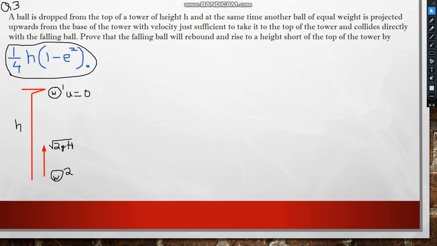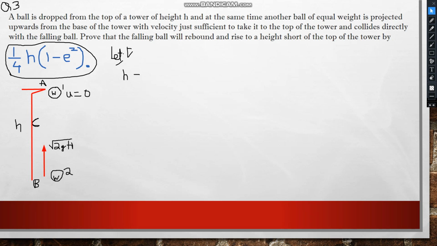How will we start? First of all, let the collision happen after time t. Let t be the time at which the collision is happening. Now let this be A, the lower point be B, and somewhere the collision is happening, let this be C, where both the balls collide.